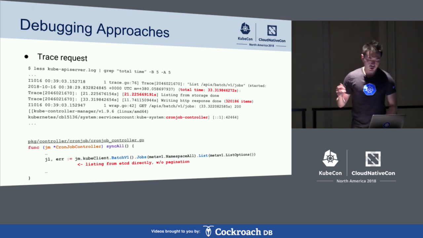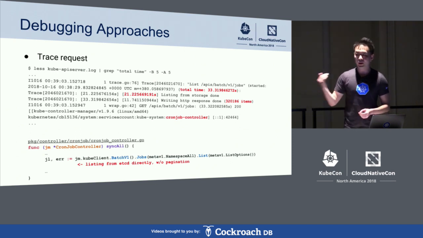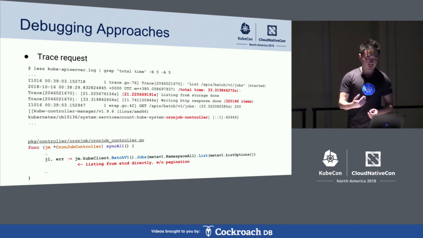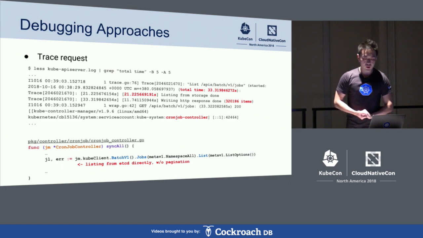There are two major parts of this time. The first part takes about 21 seconds, which is the server reading from etcd. The next step is transforming those readings from etcd into the HTTP response, which is then sent back to the client.